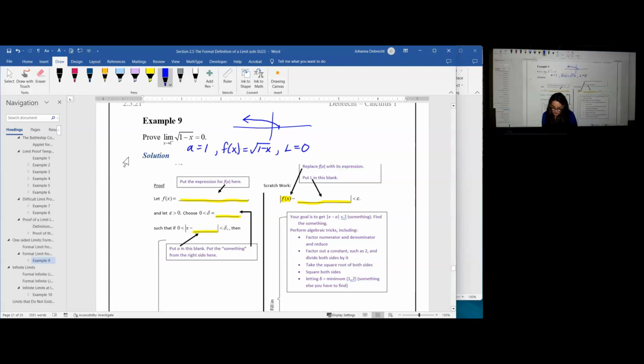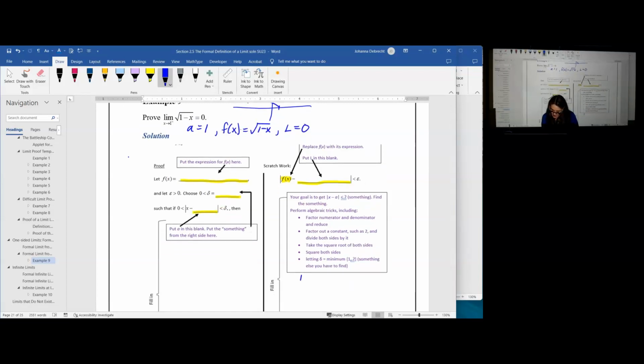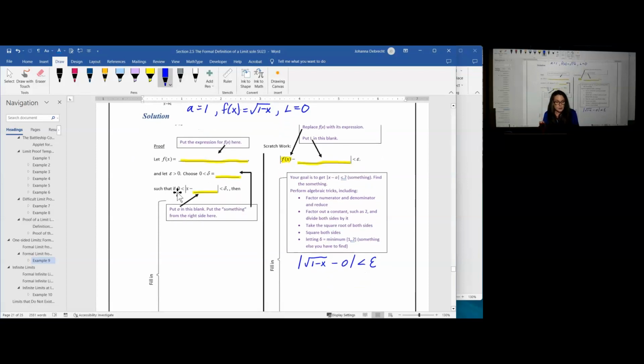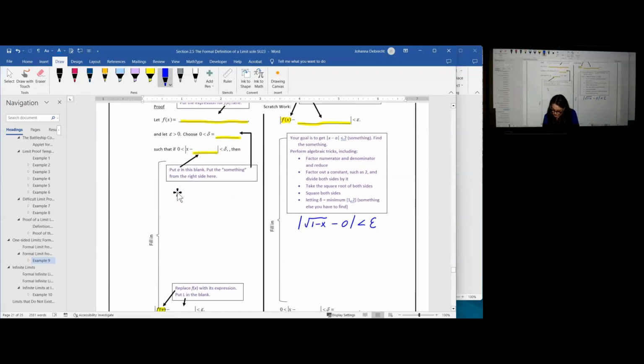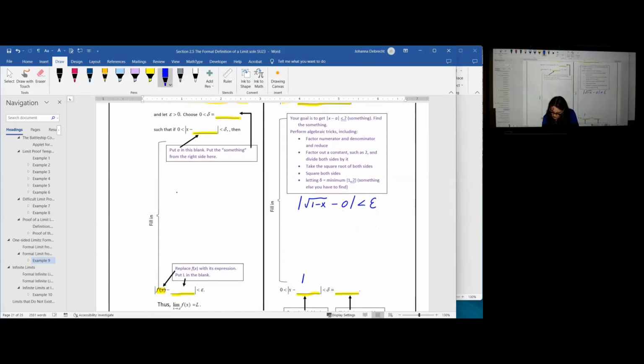I start with the square root of 1 minus x in absolute values minus the limit value of 0 less than epsilon. What am I trying to get? I'm trying to get at the bottom somewhere an x minus a, which is x minus 1. Same thing I was trying to get before. So I'm trying to get down here to x minus 1 less than something.